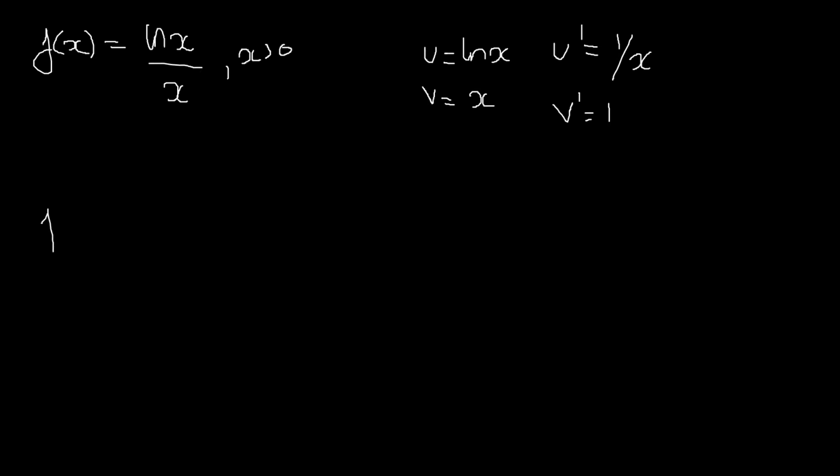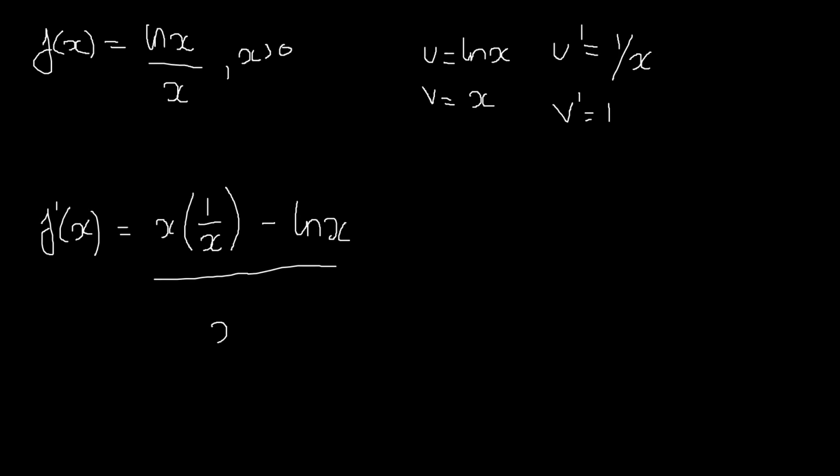So f prime of x is equal to x multiplied by 1 over x, minus the 1 multiplied by ln x, so that's just ln x, all over x squared.